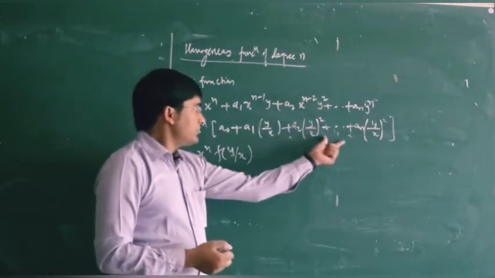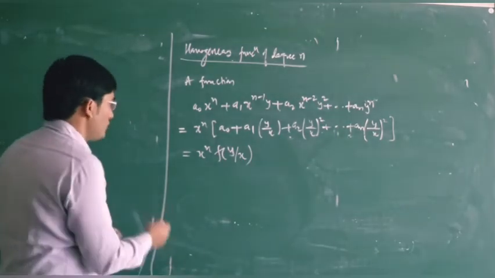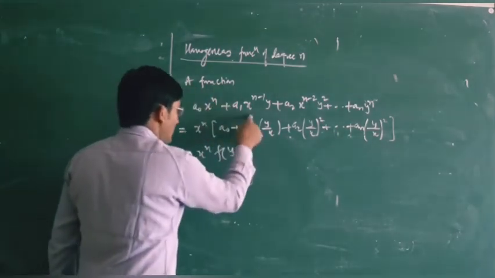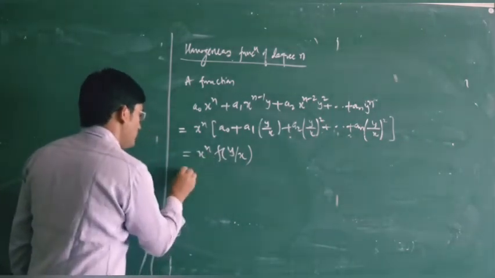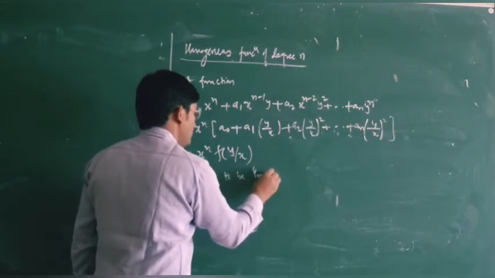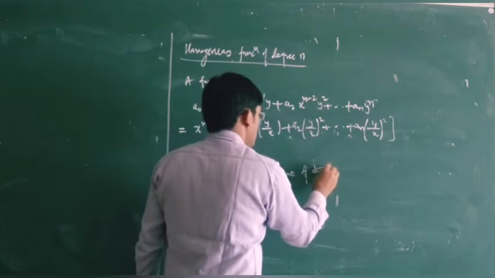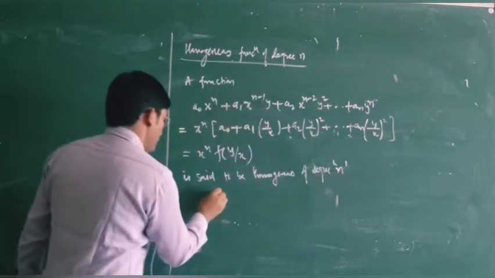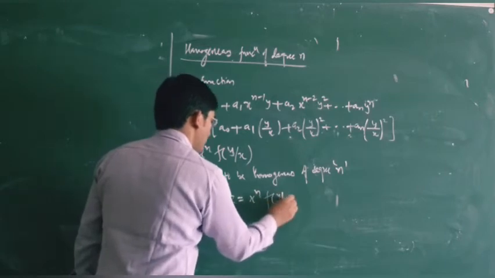This bracket has terms of y upon x, so we can say that it is a function of y upon x. So a function of the type x power n into f of y upon x is said to be homogeneous of degree n. Therefore, we can write it as z equal to x power n f of y upon x.